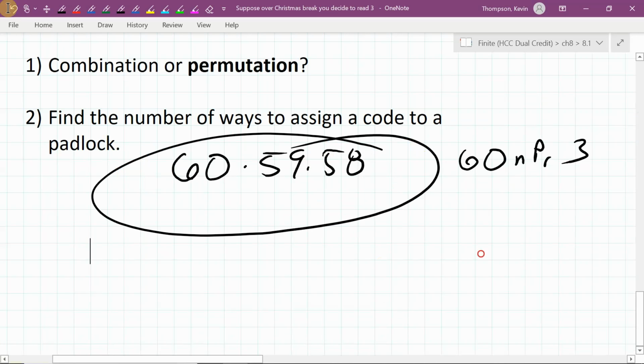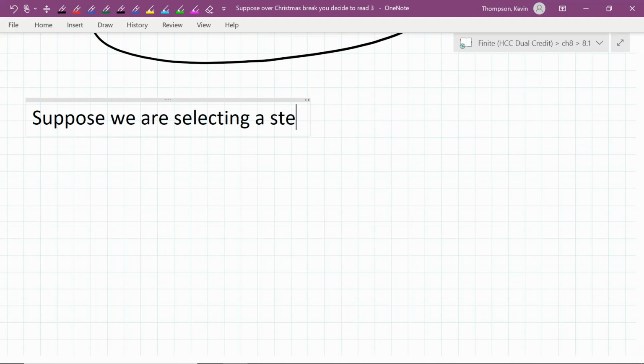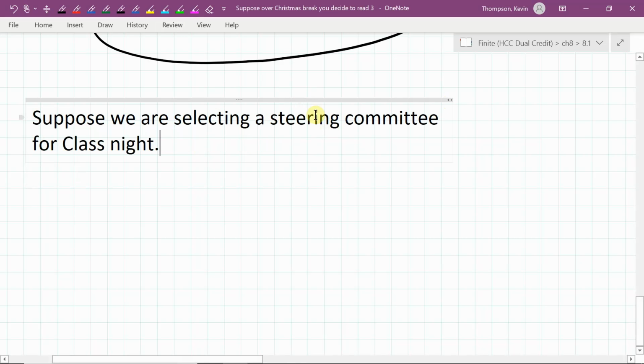So, new question, and then I think we'll finish with this one. Suppose we're selecting our steering committee for class night.